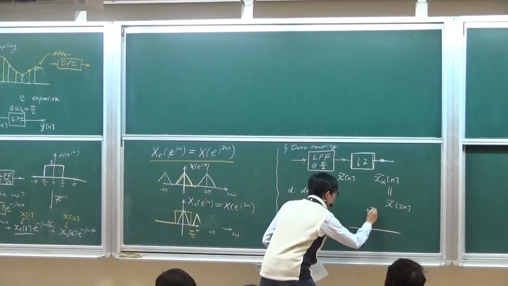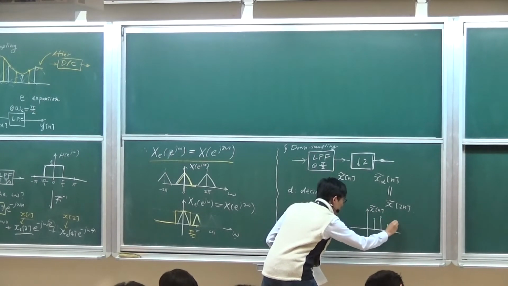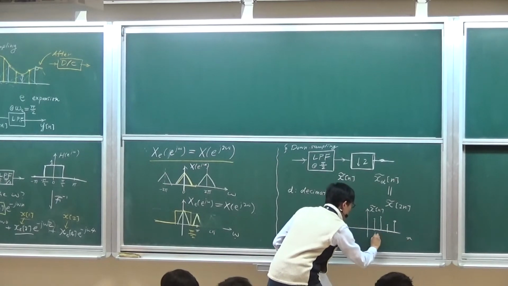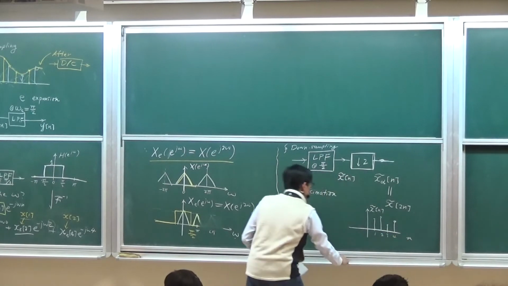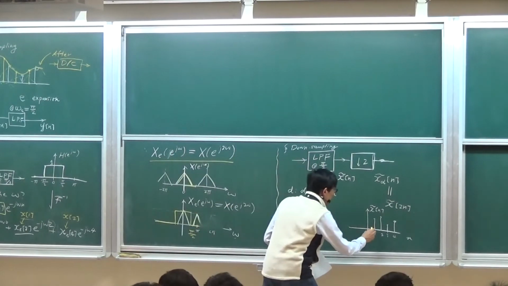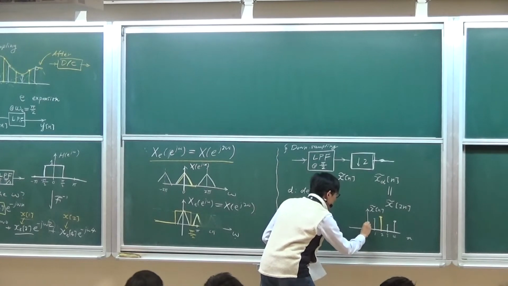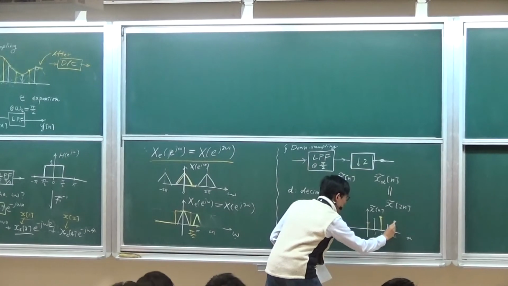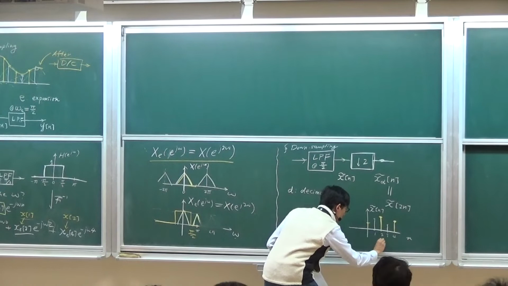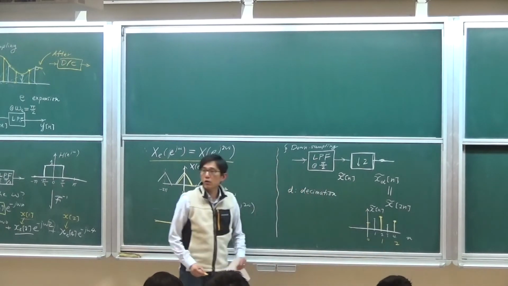So if x tilde is indexed by n, 0, 1, 2, 3, 4, then after destination, the time index changes, and equivalently we now have a lower sample rate.